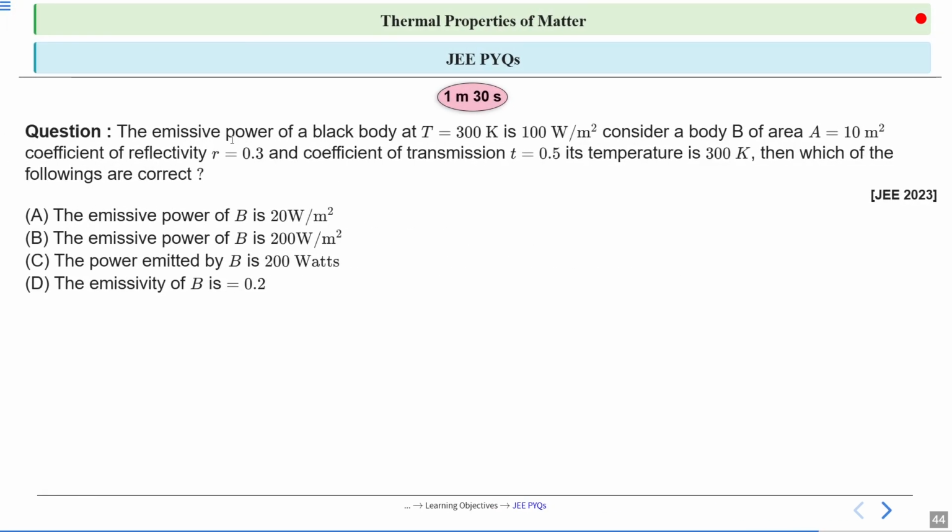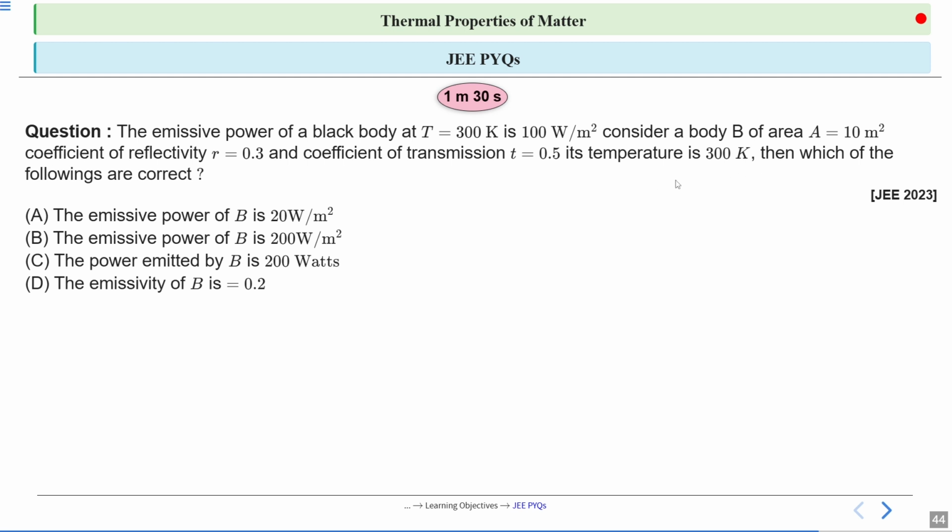The emissive power of a black body at T equal to 300 Kelvin is 100 watt per meter square. Consider a body B of area A equal to 10 meter square, coefficient of reflectivity R equal to 0.3 and coefficient of transmission T equal to 0.5. Its temperature is 300 Kelvin.